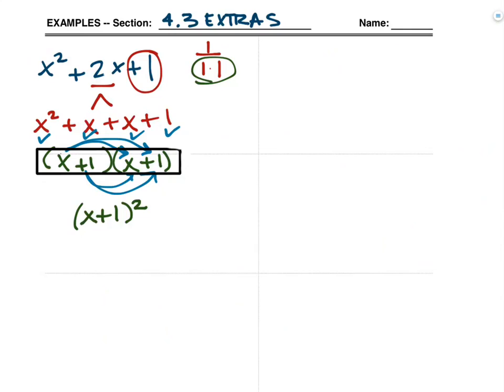So this also would be a correct answer for this type of factored form. Because again, you can have two sets of x plus 1, and we can simplify that using the exponential format of the quantity x plus 1 squared. So there's our first example. Let's label this as example number 1 on this extra sheet.